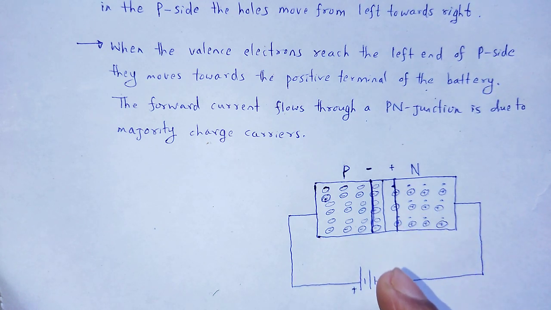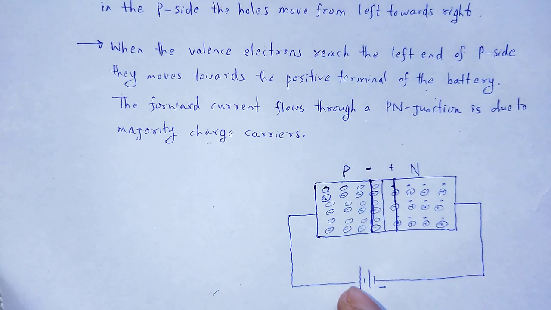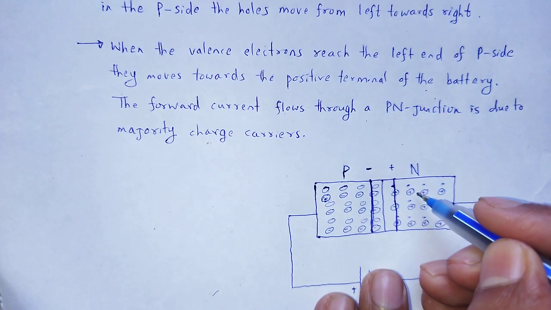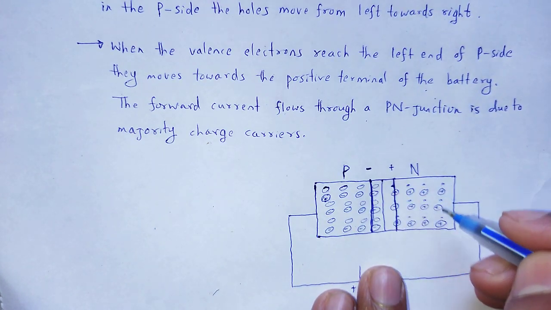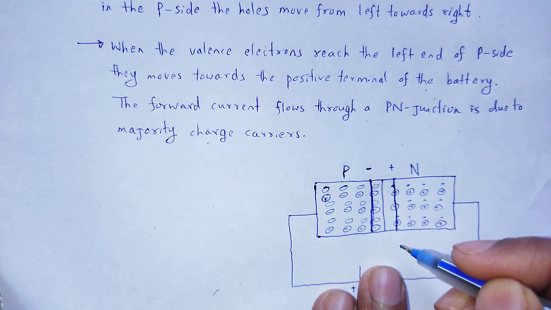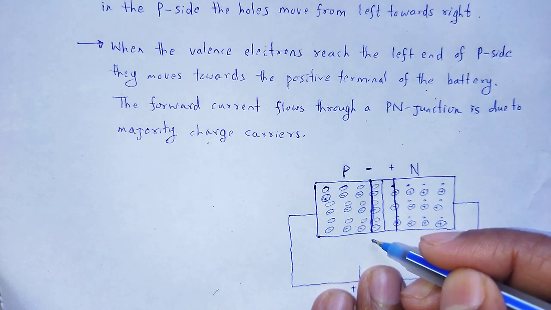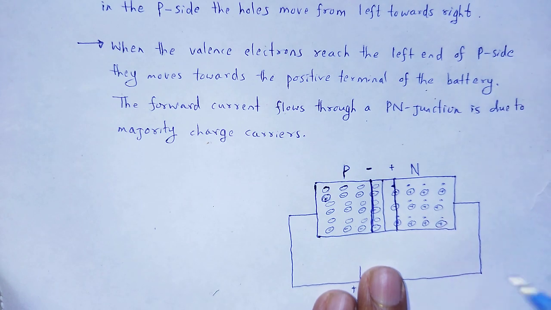When an external electric field is applied, its direction is from positive to negative, but in the barrier potential an electric field is created with direction from N type to P type, which is just opposite.